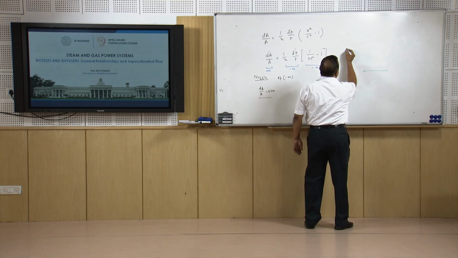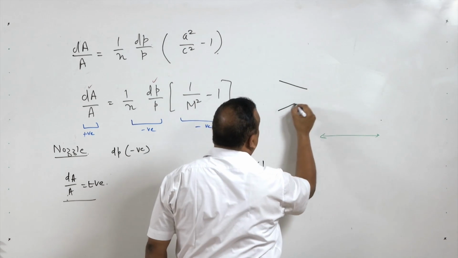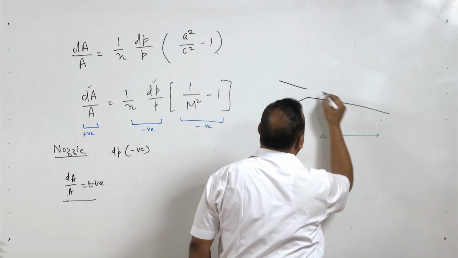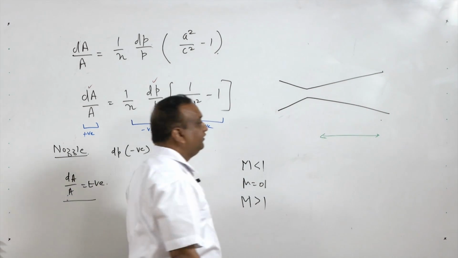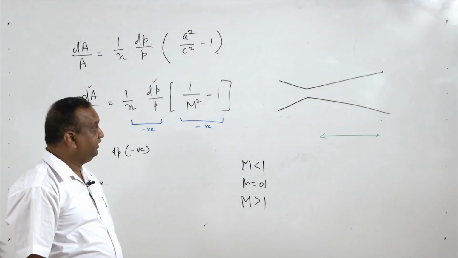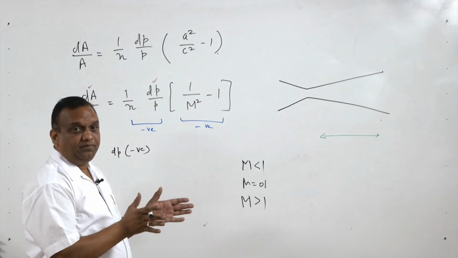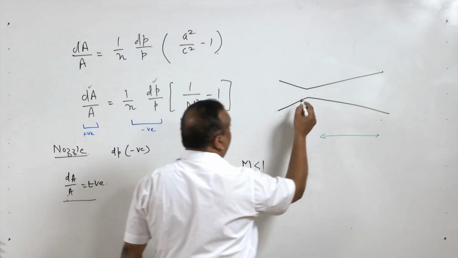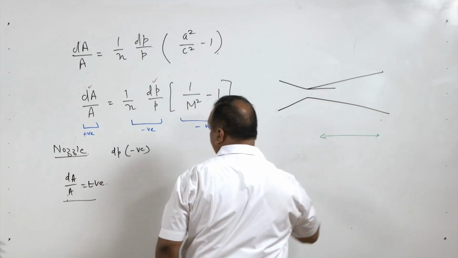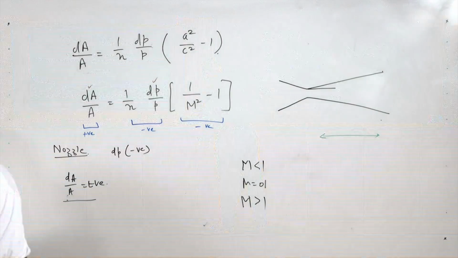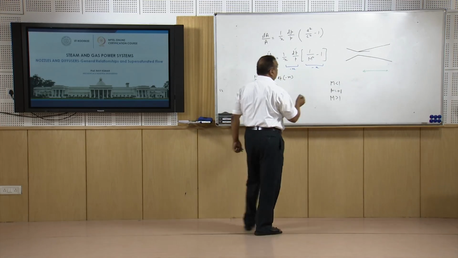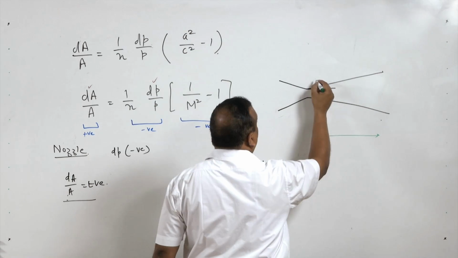The converging length is much shorter than the diverging part of the nozzle. It is something like this. Reason being, in the diverging part there is a limiting value for this angle, and that limiting value is 20 degree.